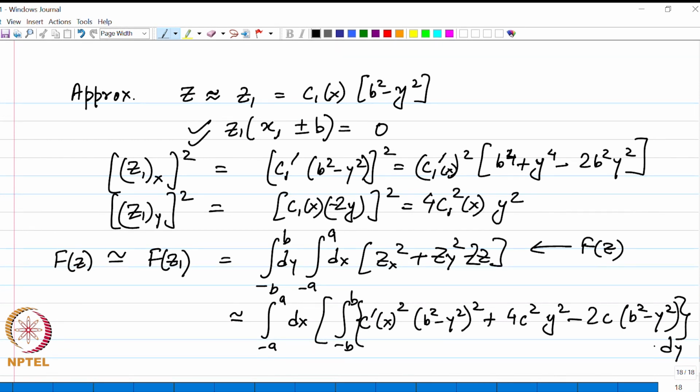This whole quantity is integrated with respect to y. Let me write down the final integral. The outer integral of course cannot be evaluated, but the inner integral after its evaluation gives the following result.